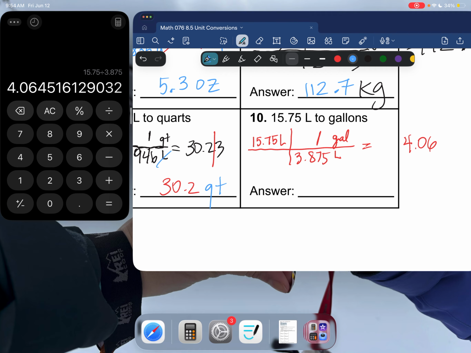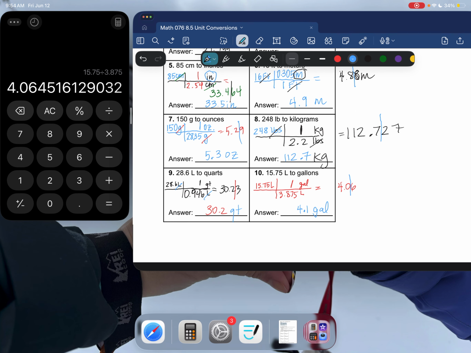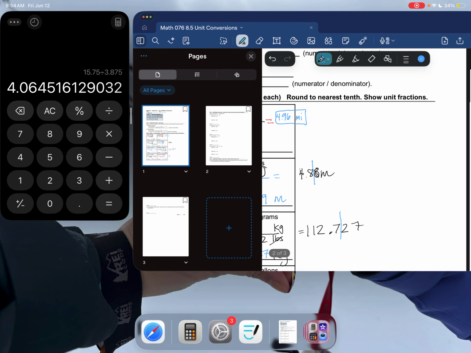I'm going to round to the nearest tenth, so I'm going to be at 4.1 gallons. Awesome. Let's see if we have more of these.